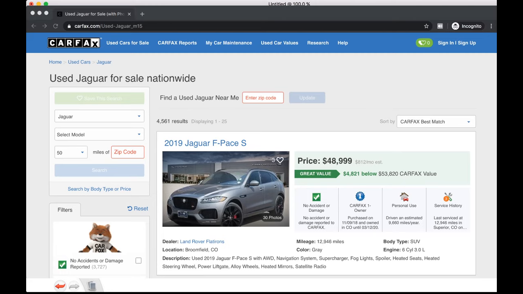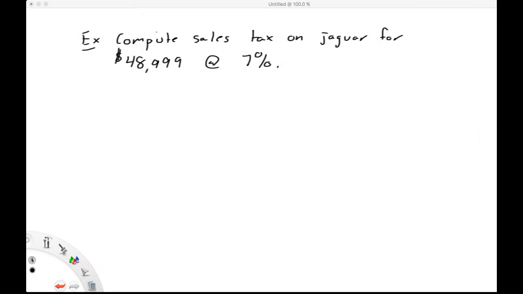And we'll use, I think somebody had said Rhode Island's tax rate was 7%, so let's go with 7% on this one. And then let me switch back here. Okay, so we can do this one as well.